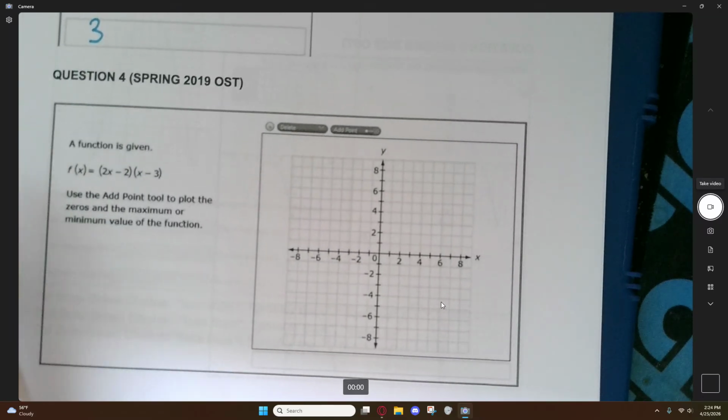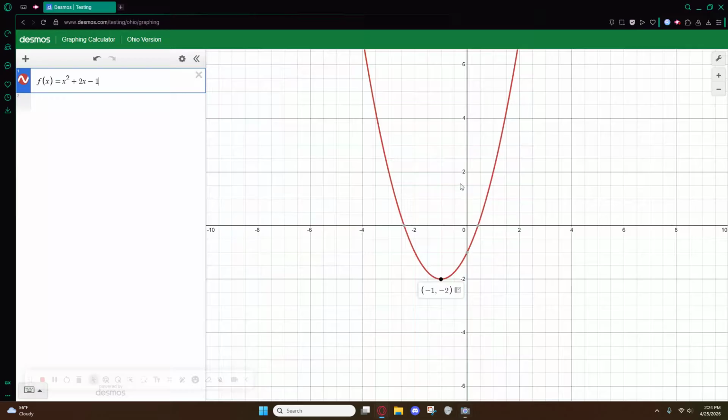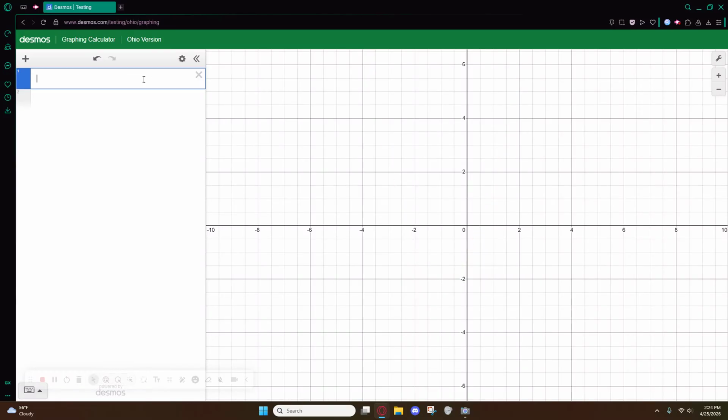Question 4. A function is given. Use the add point tool to plot the zeros and the maximum or minimum. Now, we talked about the definition of zeros. Zeros is otherwise known as x-intercepts, not y-intercepts, just x-intercepts.